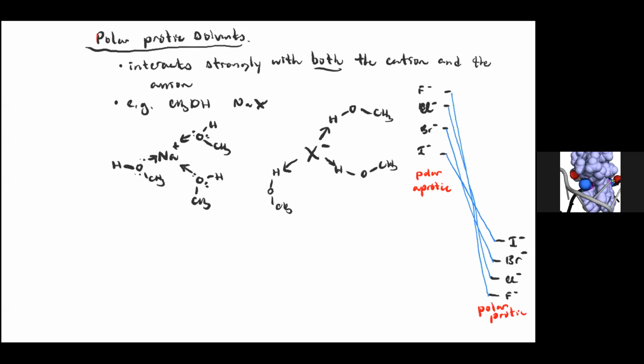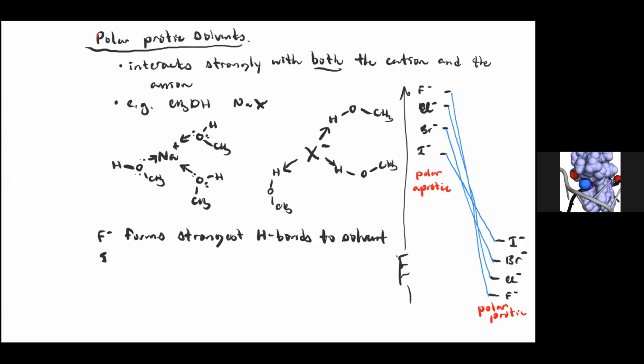So the relative energies of these species all change when you go from a polar aprotic to a polar protic solvent. And the basis for the change is the difference in the hydrogen bond strengths. F minus forms the strongest H bonds to solvent.